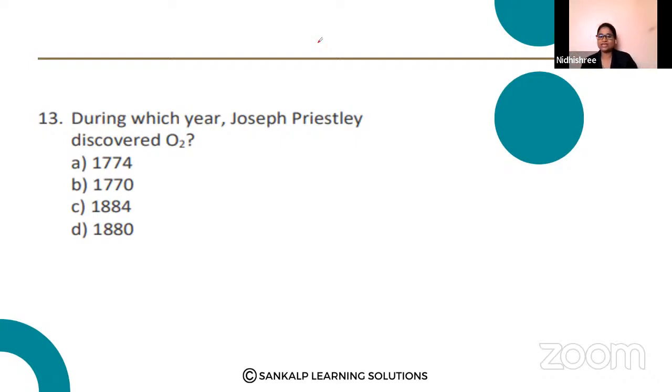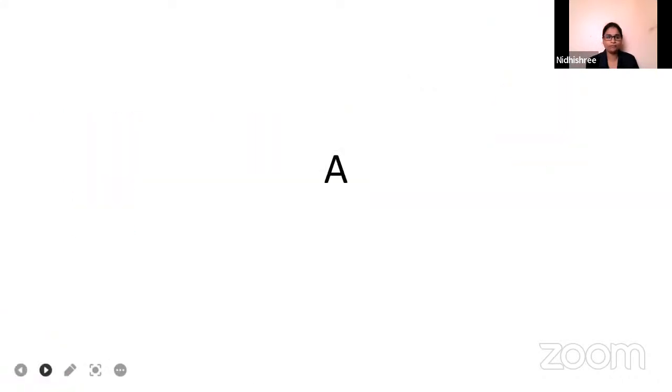Sinchana, option B. Chandru, option A. Tarun, option B. Let us check the answer. YouTube students also voted for option A. The right answer is option A, that is 1774.